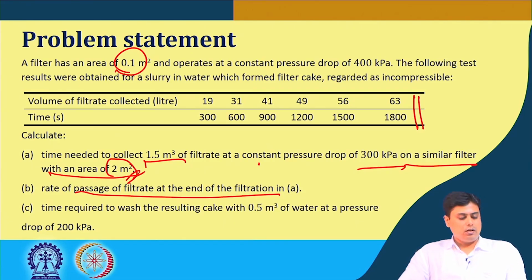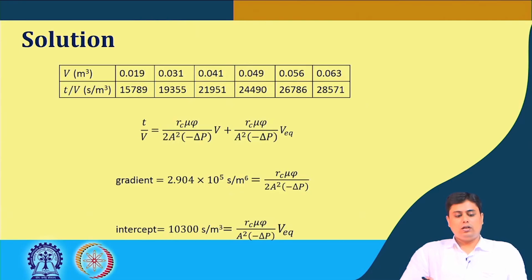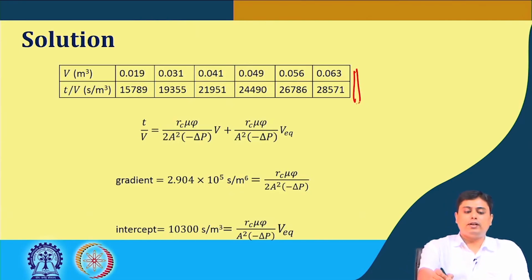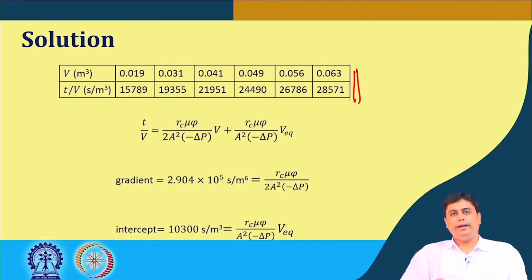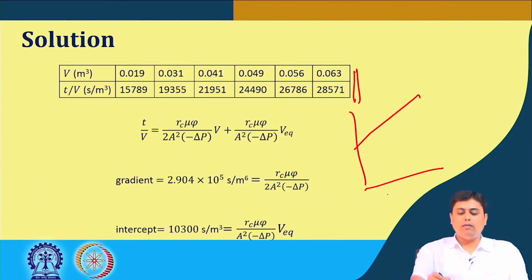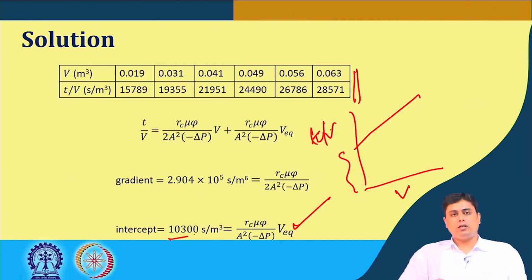If we quickly look at the solution, the V versus T by V data set is given. If we plot this, with T by V on the y axis and V on the x axis, the intercept value would be 10,300 and the gradient would be 2.09 into 10 to the power 5.